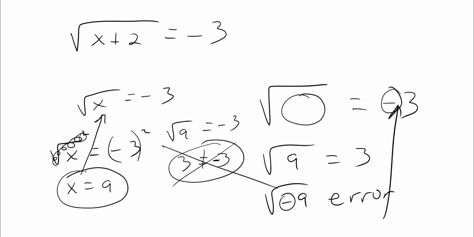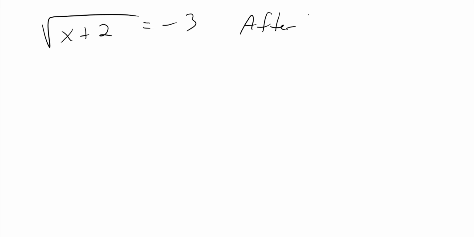So the deal is, this is important. Actually, I'm going to delete this here real quickly. So square root of x plus 2, I'm going to write that out here. Square root of x plus 2 equals -3. So here's the deal. After the square root is isolated, which just means all by itself, right? You get it all by itself.